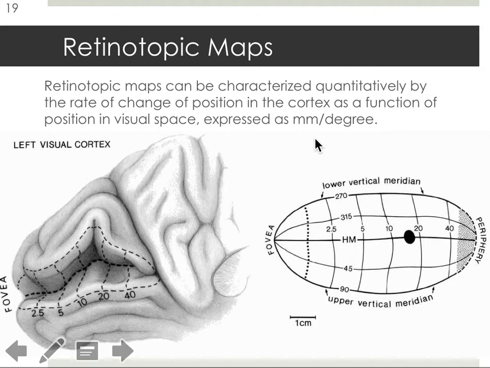This can be found using a technique known as retinotopic mapping, which is just the technique of relating the visual input directly to the neural output. So in a retinotopic mapping study, you would take some visual stimulus and move it very systematically from the fovea all the way out to the outside of the visual field, and then try to record the corresponding brain activity.